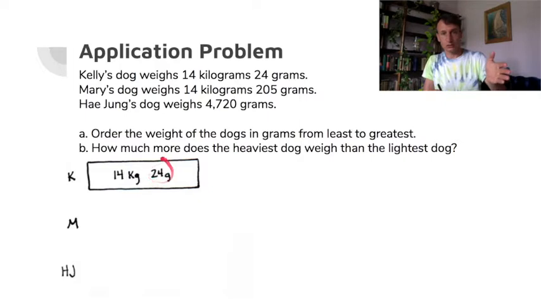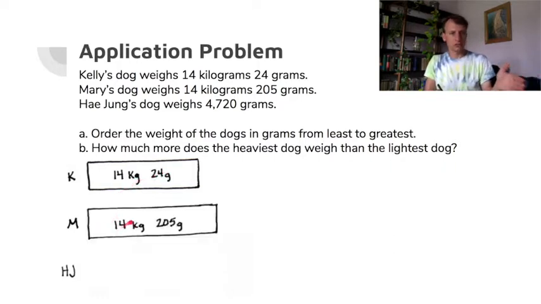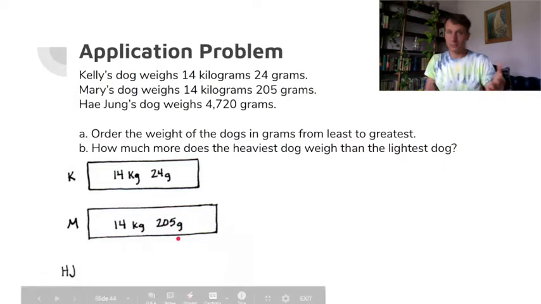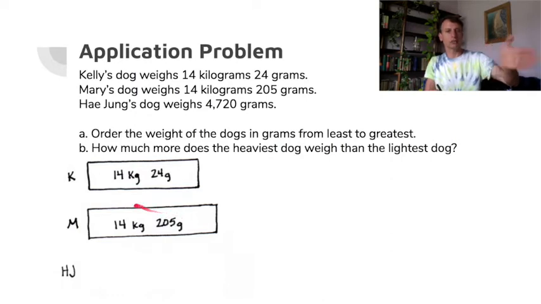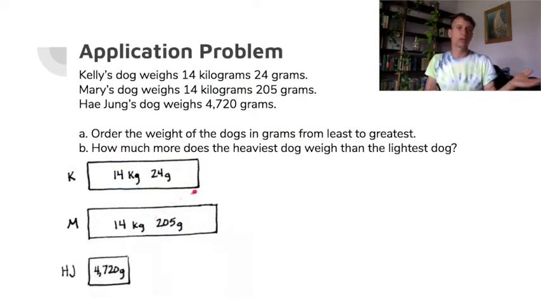Because that is not 240, it's 24. So it's 14,024 grams. Then with Mary's dog, 14 kilograms, 205 grams. Well, that one's even more straightforward, because 14,000 grams and 205 grams is 14,205 grams. And Hey Jung's dog is nice and easy because it's already all in grams.